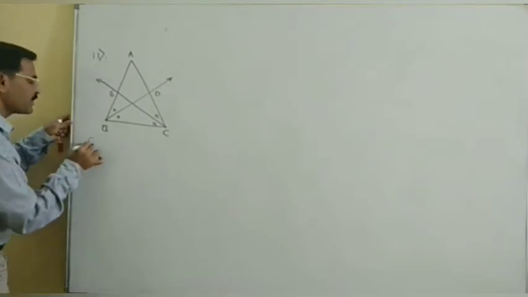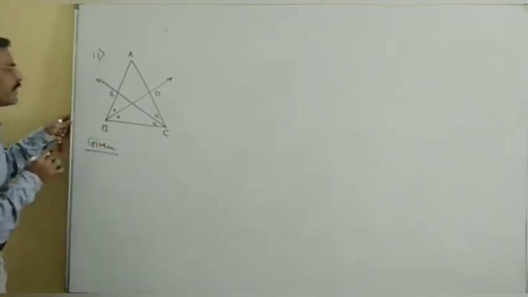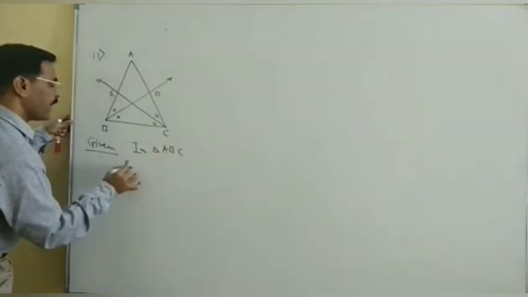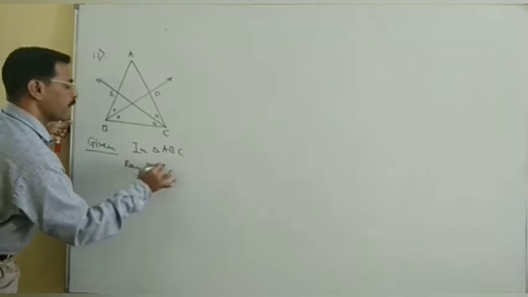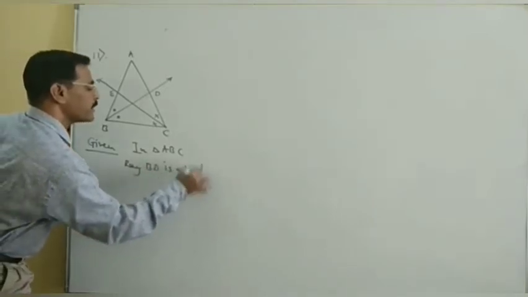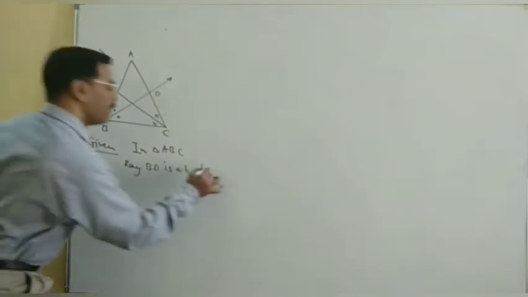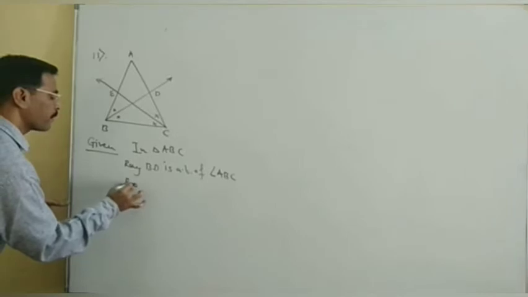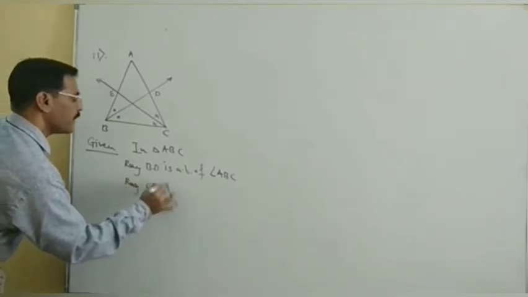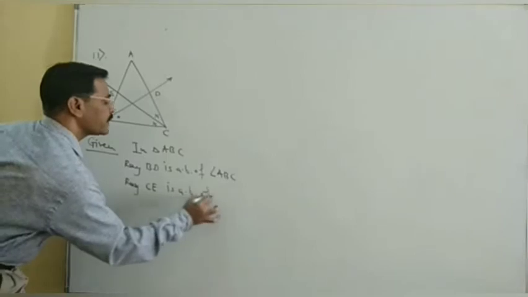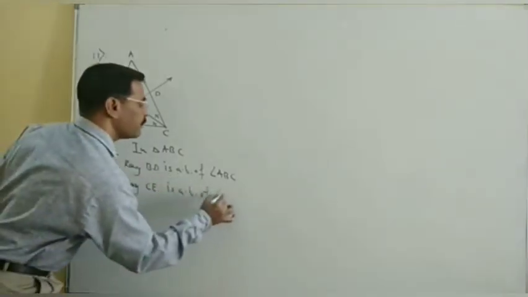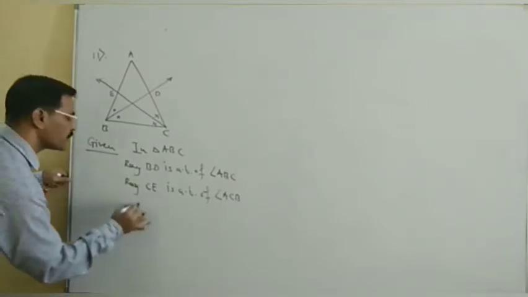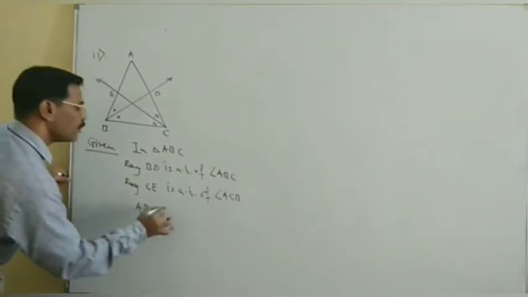See first, I'll write the given part. What is given? In triangle ABC, ray BD is the angle bisector of angle ABC. Ray CE is again the angle bisector of angle ACB. And this is not enough, they have also given to us that AB is equal to AC.